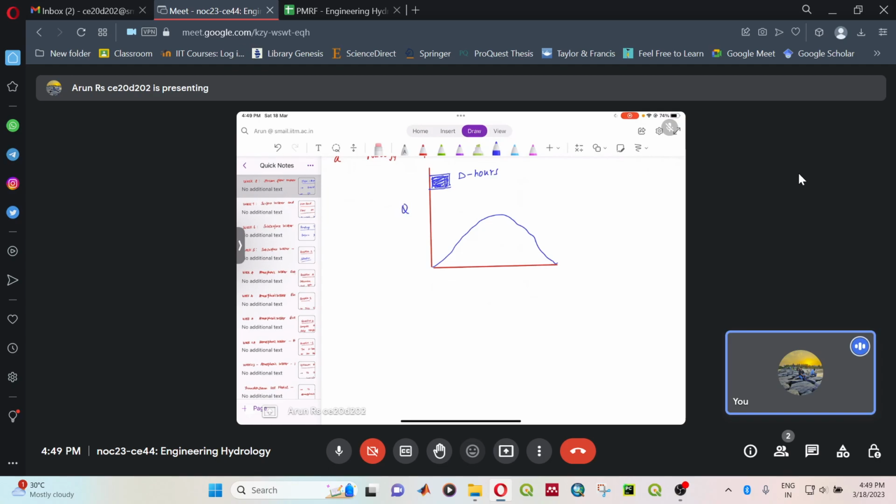So this is Q and this is T. This is the unit hydrograph.